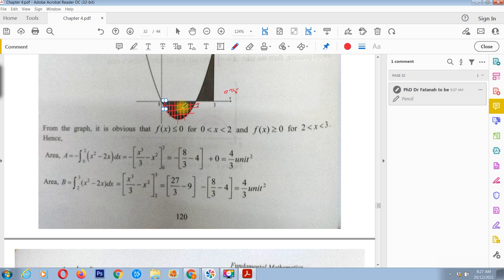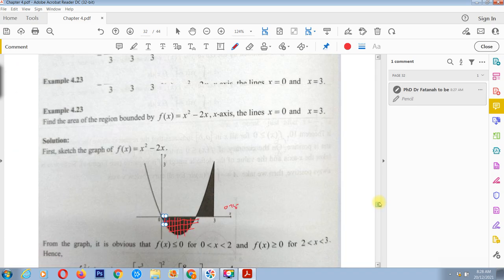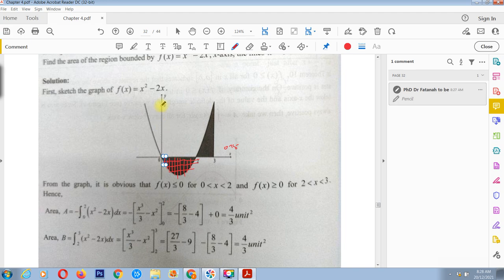If we use integration, we do not need to use this, and we get a very accurate value of the area under this graph. There are a few techniques here to find the area under the graph. We have the area under the graph, the area under the axis, and so on.